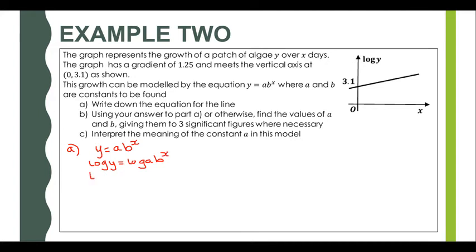We can use our multiplication rule to write this as log y is equal to log of a plus log of b to the power of x, and our power rule to give us log y is equal to log of a plus x log b.